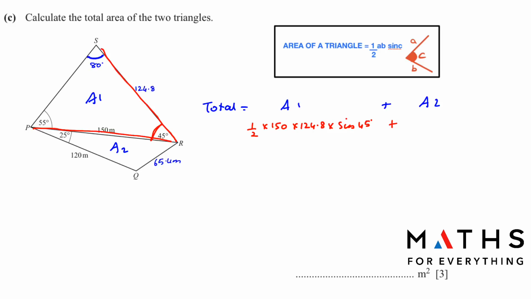Now for area 2, we can use these two sides as a and b, and this is the C. Half times 150 times 120 times sine 25. You can substitute the whole thing in the calculator in one go, and we will get the answer 10,422 square meters.